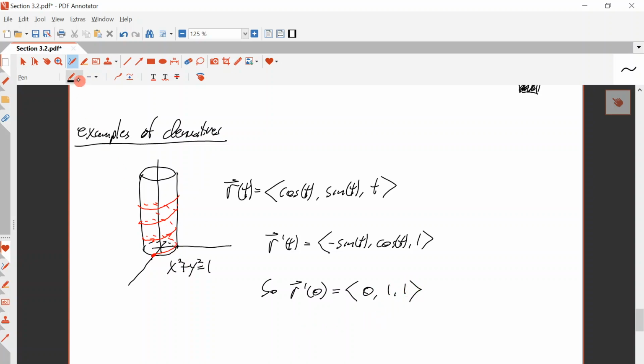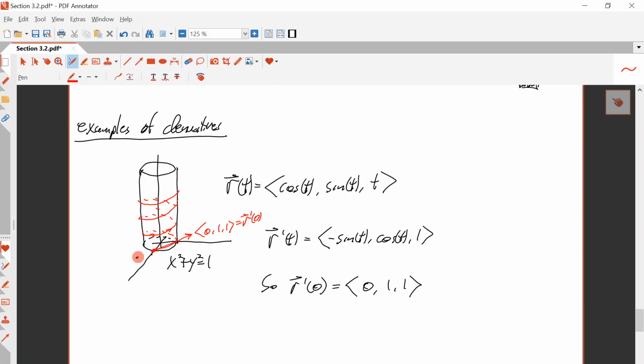So it's pointing upward 45 degrees, upward and to the right. So 0, 1, 1, which is equal to r prime of 0. So that's the tangent at t equal to 0 right there.